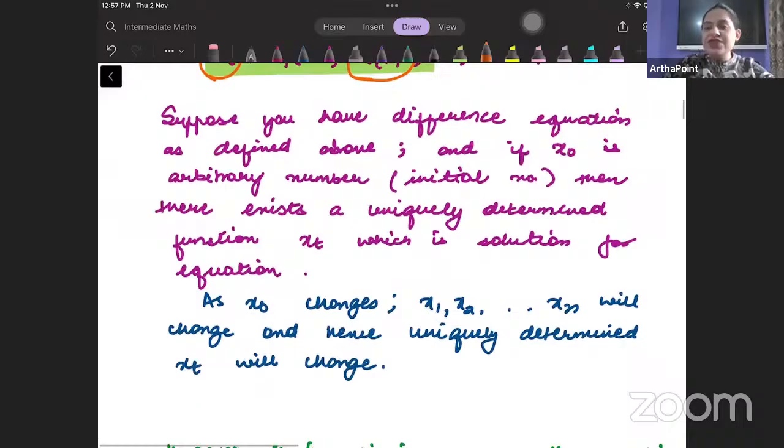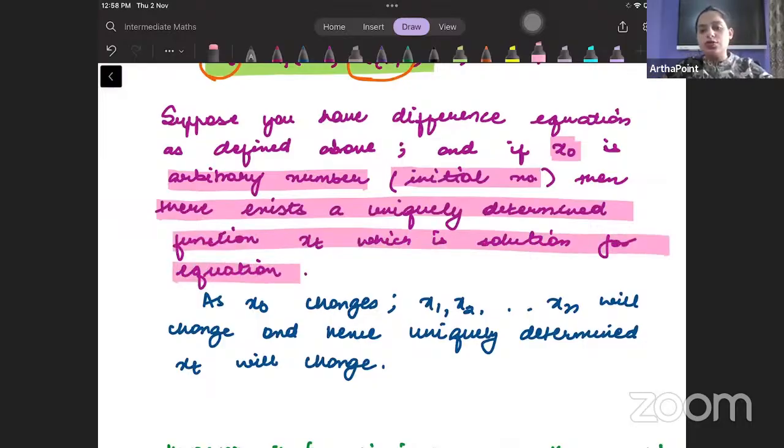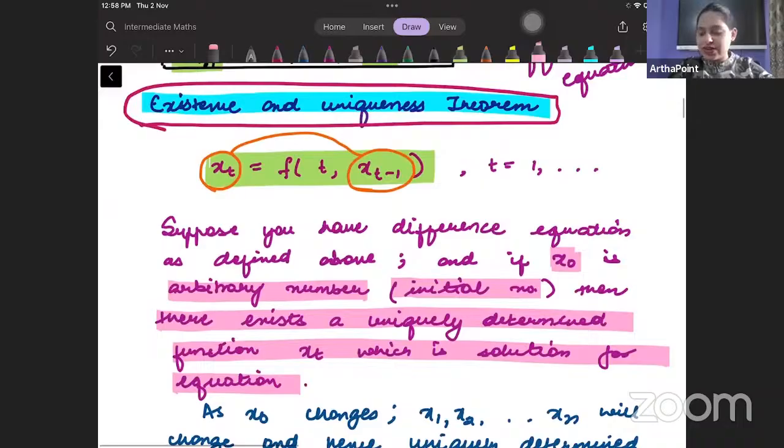Suppose you have this difference equation, and x naught is an arbitrary number, which is the initial number. Then there exists a uniquely determined function xt which acts as a solution. It is one thing, this is what I said here.